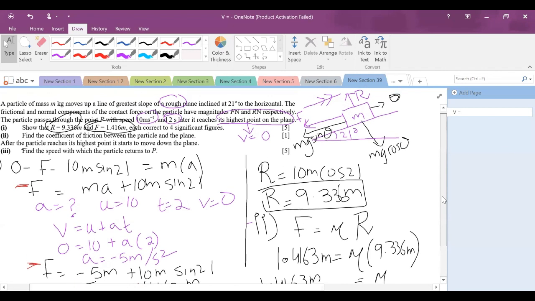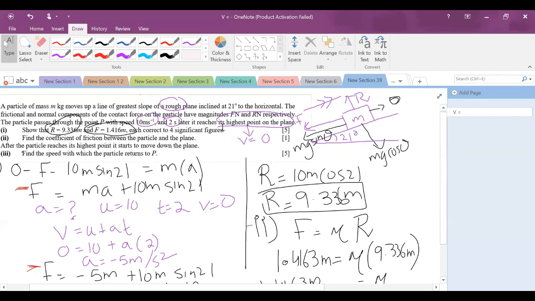Okay, so initially we knew that while it was moving upwards from P to H, the highest point, U was initially 10, T was 2, and V was 0.